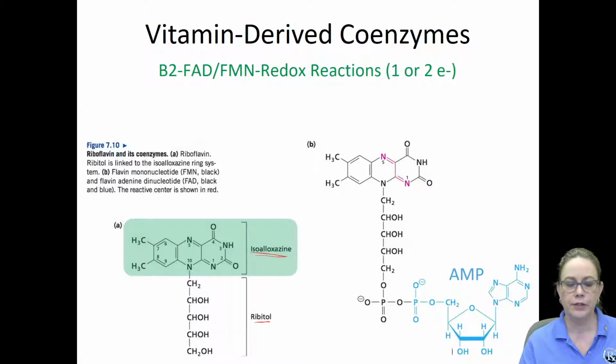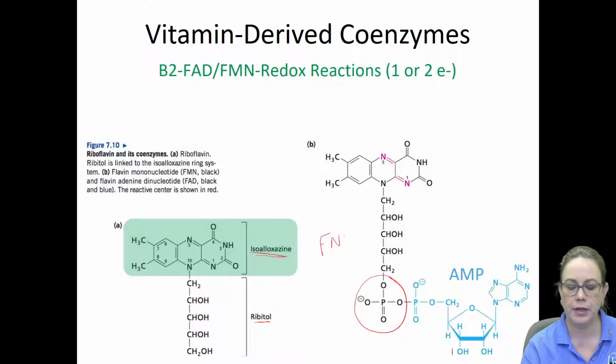So for our first flavin-containing nucleotide, all we're going to do is add a phosphate group onto our sugar. If we were to end this structure just with the black, that would be our FMN, flavin mononucleotide, a single nucleotide.